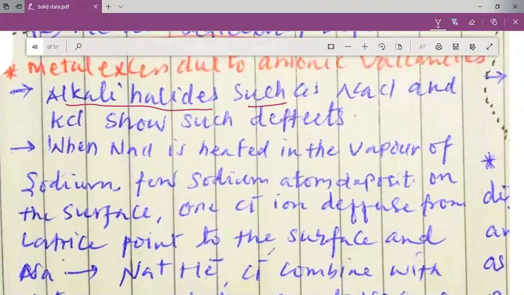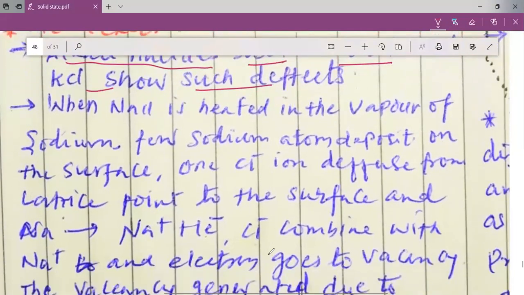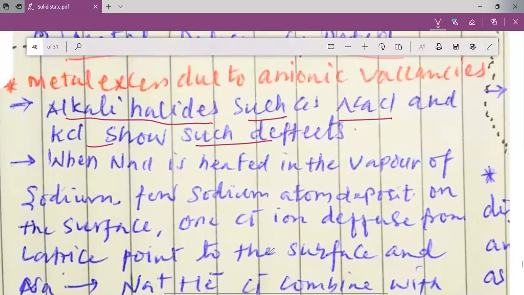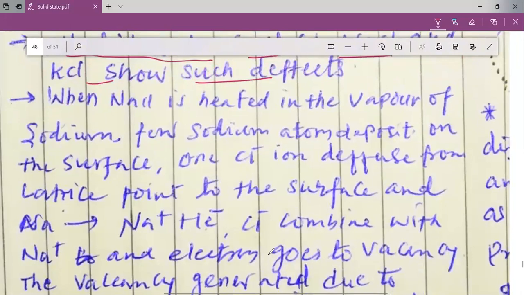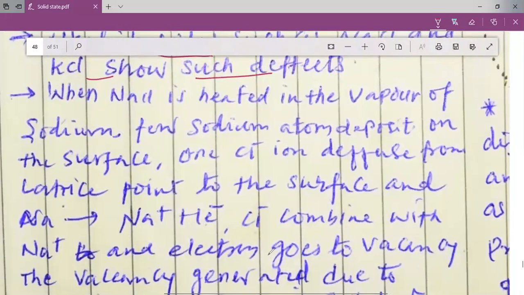Alkali halides such as NaCl and KCl show such type of defects, which is known as the metal excess defect due to the anionic vacancies. When NaCl is heated in the vapor of sodium, few sodium atoms deposit on the surface.